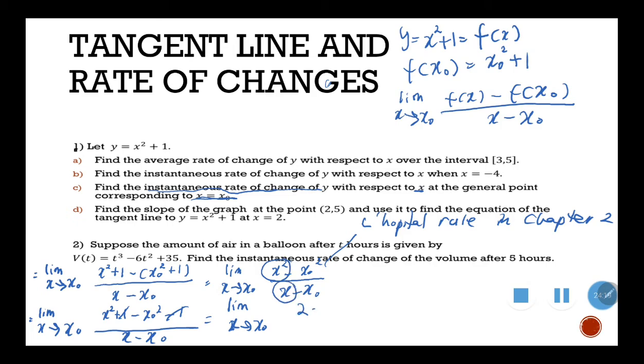So it should be 2x over 1. Now only can you put in the value of x naught. So the final answer is 2x naught. So m is 2x naught.